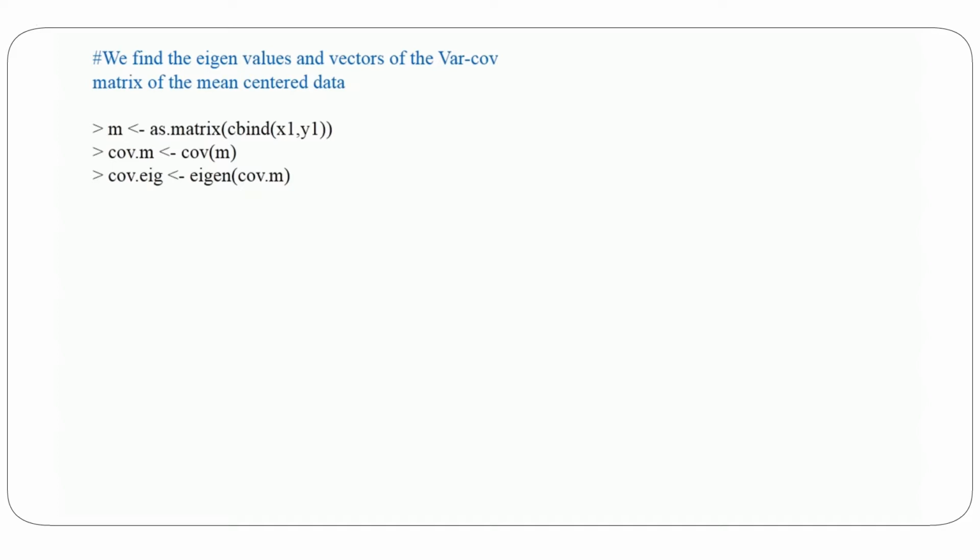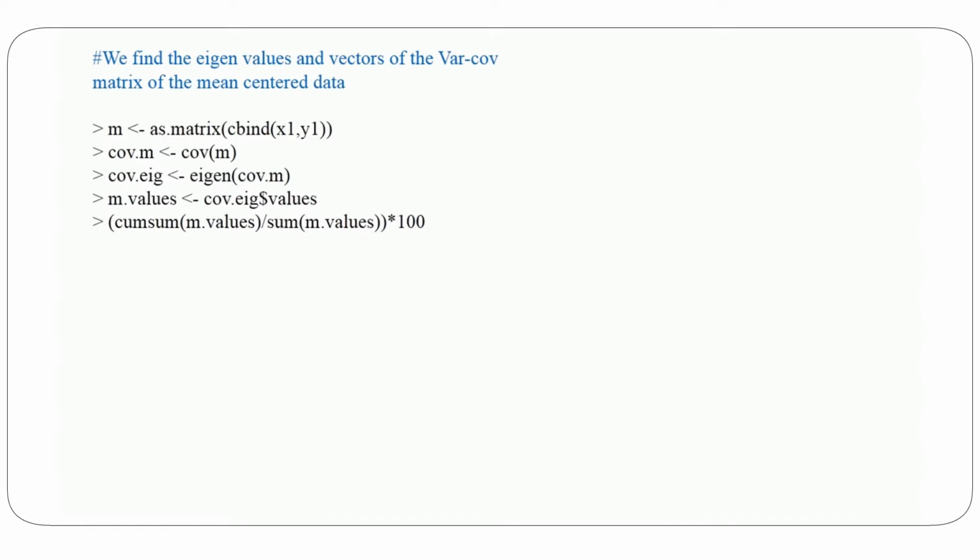Next, we find the eigenvalues corresponding to the covariance matrix, and we extract them with the help of the R command $values from the R object cov.eig.